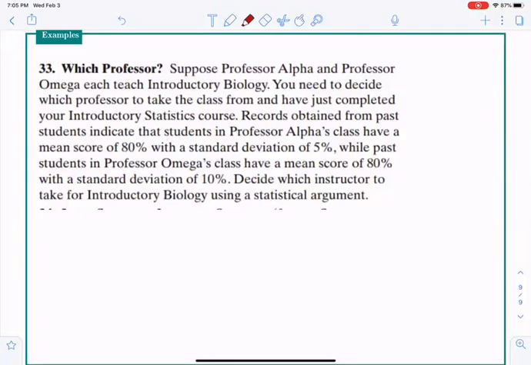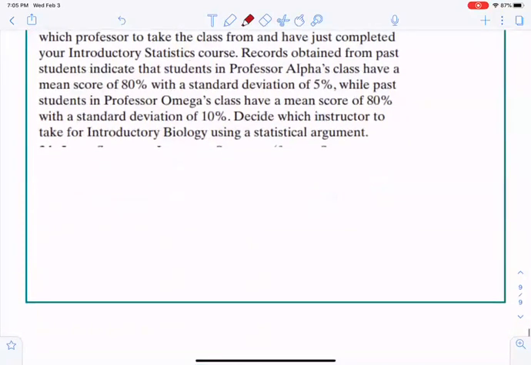So here we want to determine which professor is better in teaching introductory biology. There's Professor Alpha and Professor Omega, and I'm going to assume the distribution is symmetric.